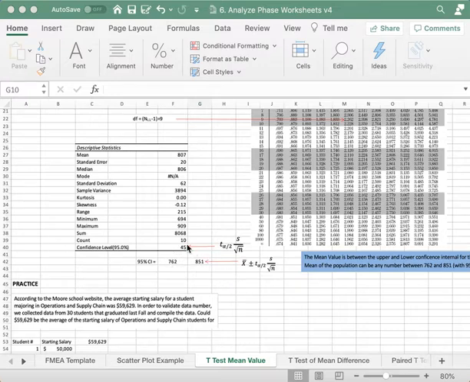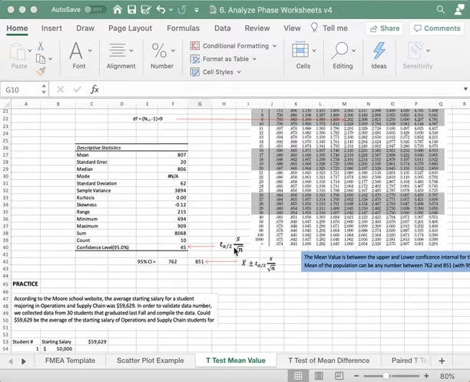If 800 is in between the confidence interval, which is the mean plus or minus the confidence interval, you will have to calculate that. Excel already gives it to you, and you learned it in previous classes, hopefully. So we have the confidence interval, the mean. The mean of the population could be any value between those. So 800 is in the middle here, so you cannot reject the null.